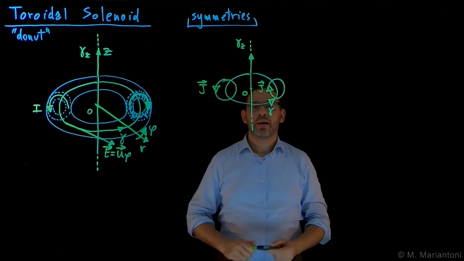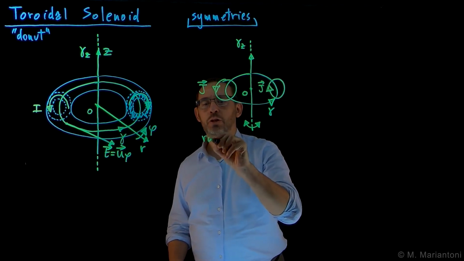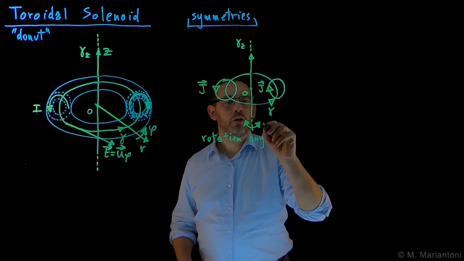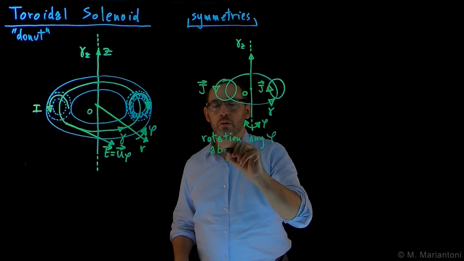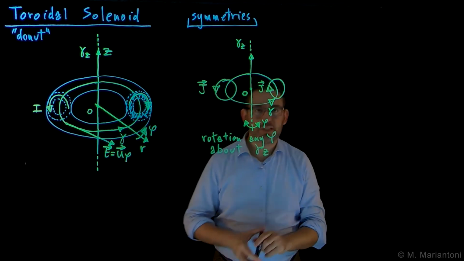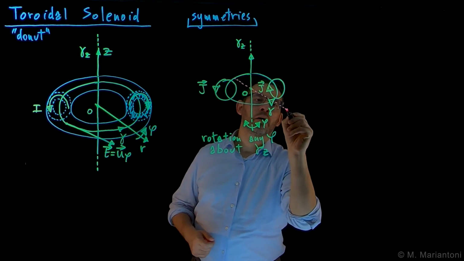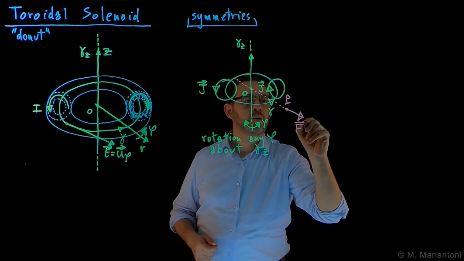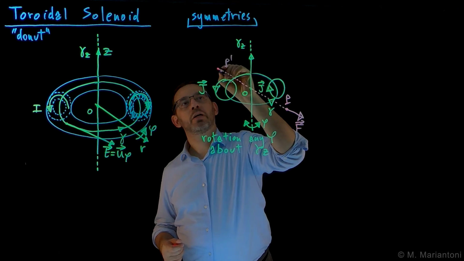So in this case, any rotation of any angle bar phi about gamma z allows me to go, if I consider the whole construction as a rigid body, for example, if I had, let's say here, a point capital P, we have a vector field F. This will be the same at the point capital P prime up here.